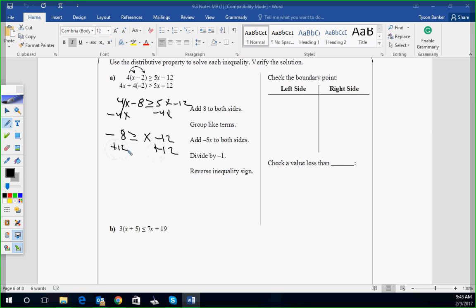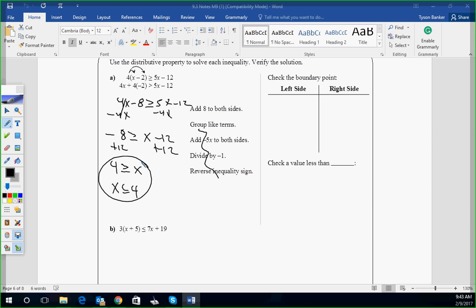So again, you can kind of get rid of this. We're doing our own. So 4 is greater than or equal to x, or x less than or equal to 4. Okay, so it wants us to check the boundary point. So that means it wants us to check the 4, which we can use.